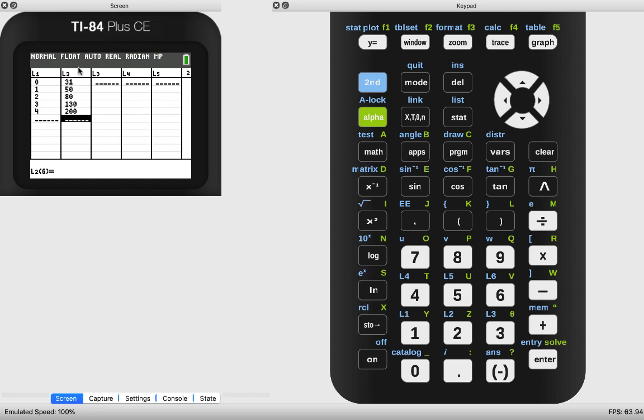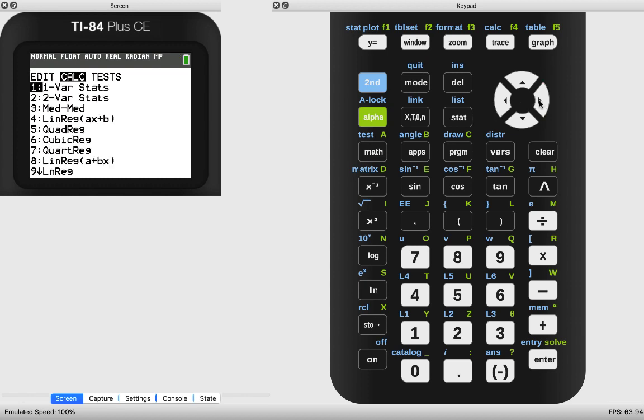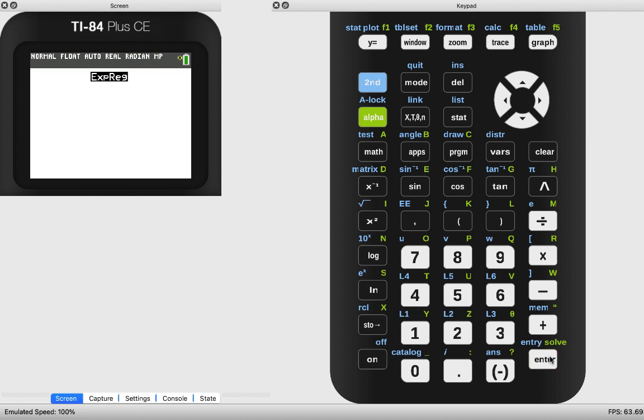Once you have that data entered in, now we're going to go back to pressing Stat, arrow over to Calc, and now we are going to scroll all the way down here past number 9, and we are going to perform what's known as an exponential regression because our population of trout are growing exponentially. So go ahead and press enter while the 0 exponential reg is highlighted.